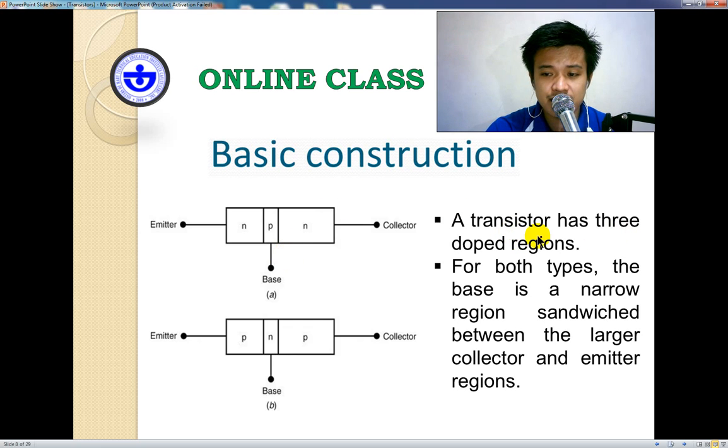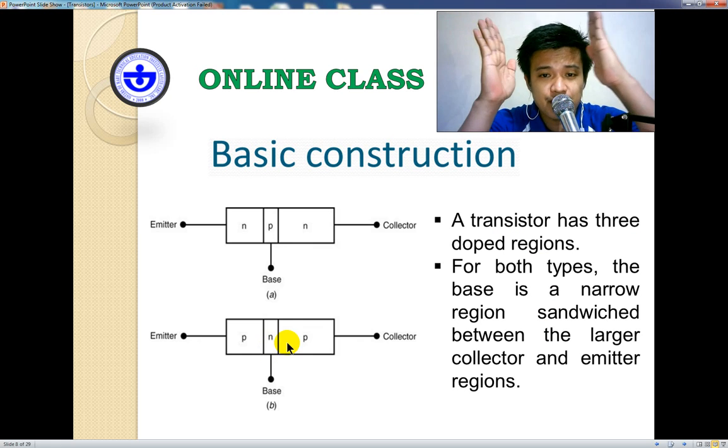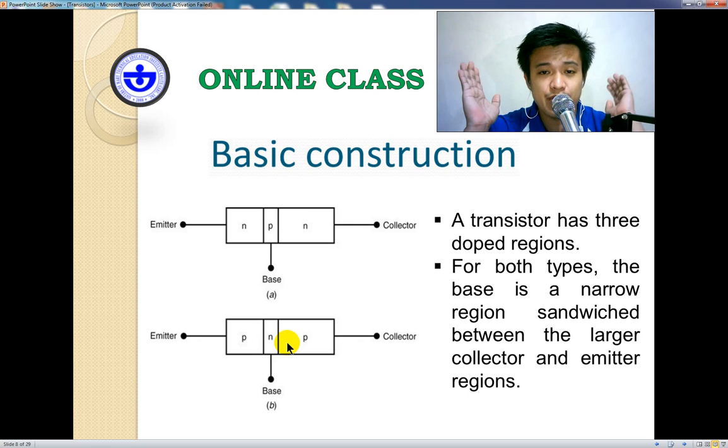Okay. A transistor has three doped regions for both types. That is, the base is a narrow region sandwiched between the larger collector and emitter. So it means the base is a smaller portion, trapped between the emitter and the collector.